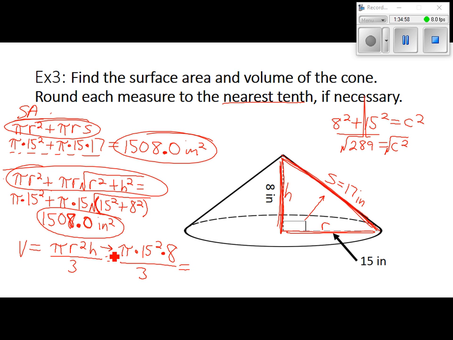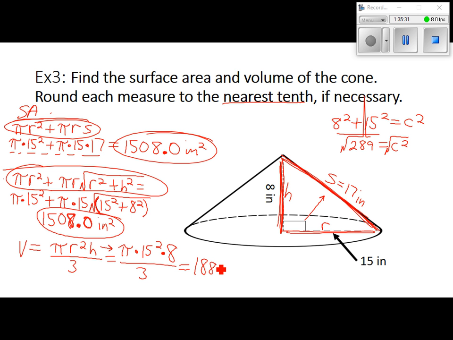So I grab my calculator, and I do second pi, 15 squared times, oops, I messed up, so pi times 15 squared times 8, hit equals, and then hit divided by 3, and I get 1,884.95.